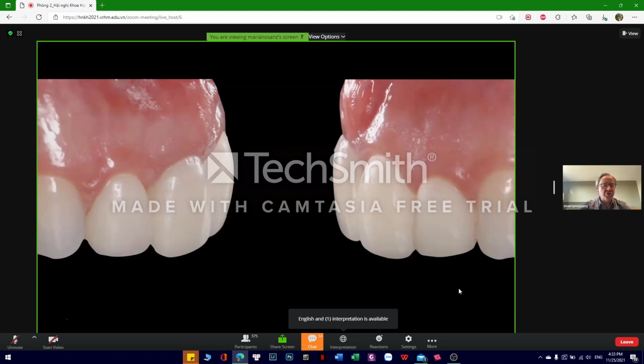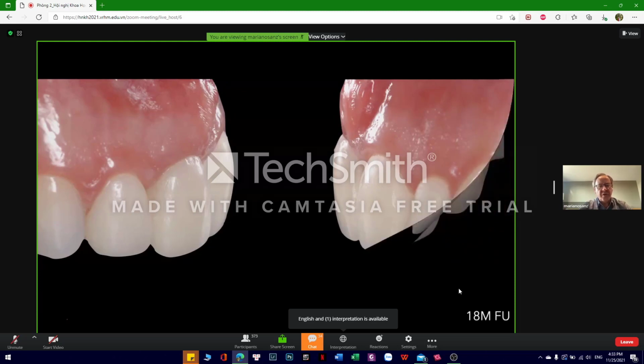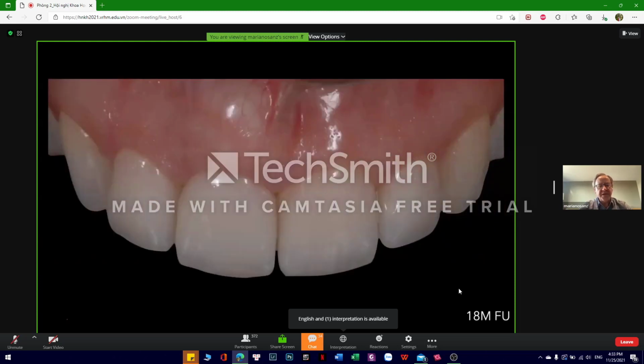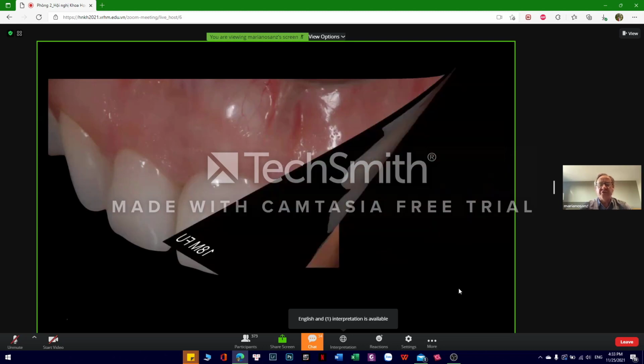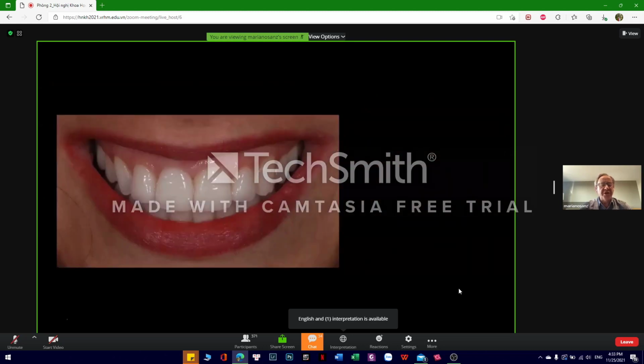So you see how whenever you use autologous grafting, the amount of volume that you generate is large, and therefore you are going to have basically no problem attaining a good convexity and a good emergence profile for this restoration.